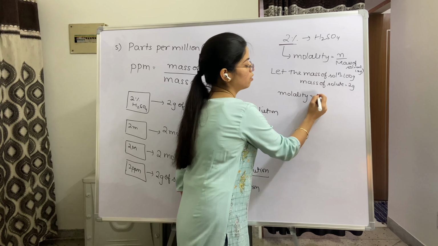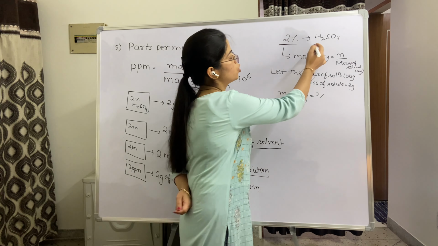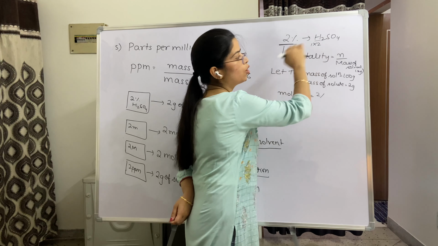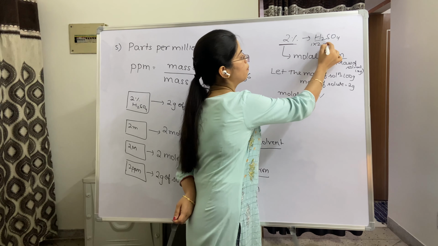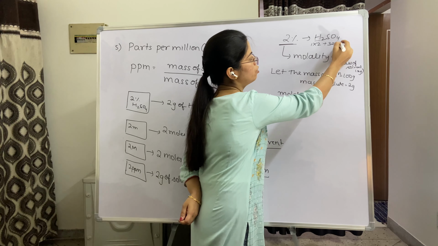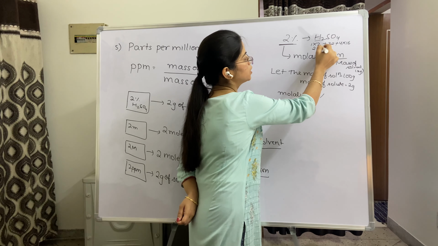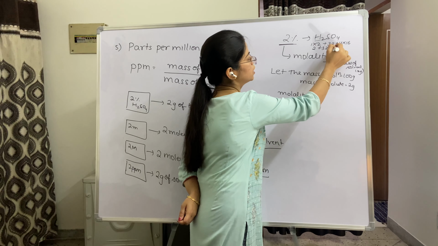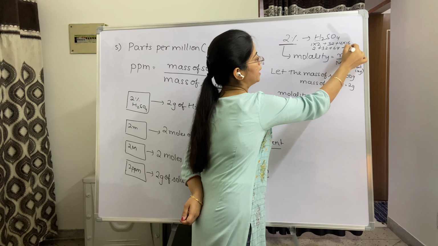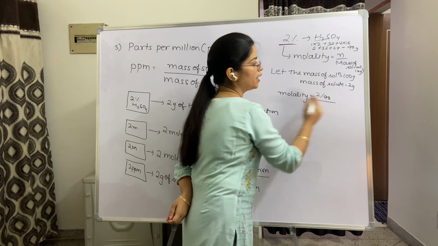Given mass of the solute is 2. Molar mass of H2SO4, how can we calculate? 1 into 2, as the atomic mass of hydrogen is 1, plus for sulfur we have 32 and for oxygen we have 16. So it will be 2 plus 32 plus 64, so it will be 98 gram. So the molar mass is 98 gram.